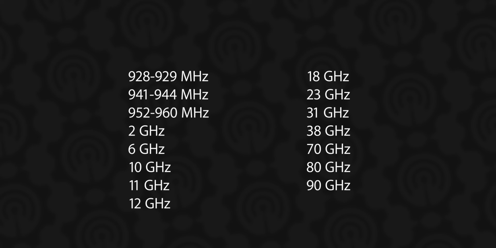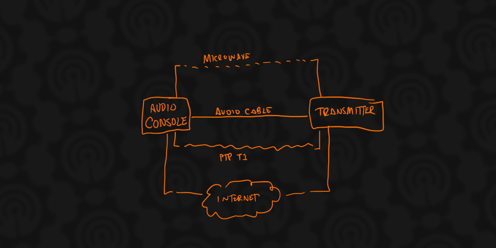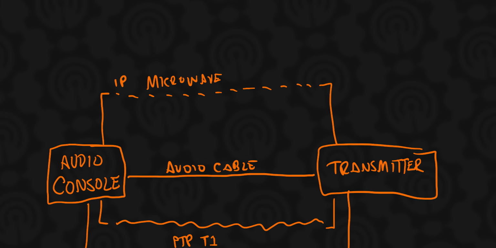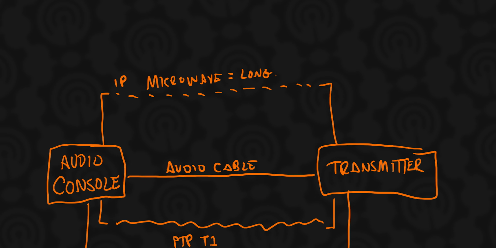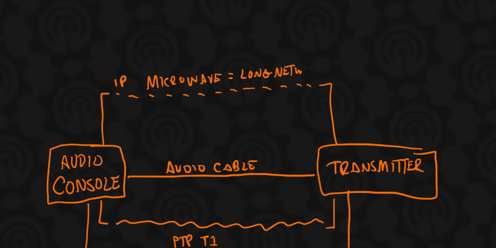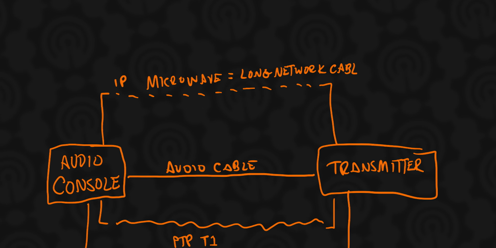But now we have IP links that are microwaves. 6 gig, 11 gig, there's a higher one, 20-something gig. They will basically be like a network cable, a wireless network cable, from your studio to your transmitter site. And that lets you do so much more than just sending audio to that far end.